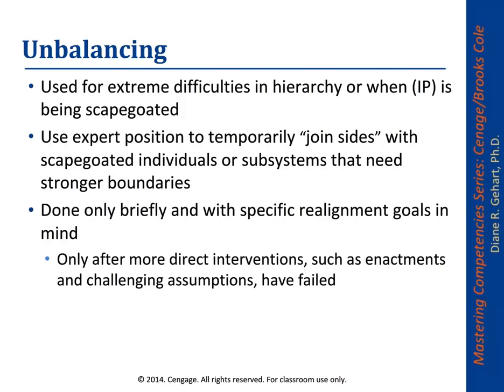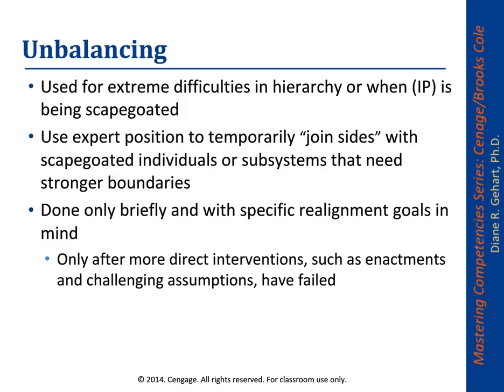Another technique that's a little more selectively used is only used in more extreme situations, when one person, the identified patient, is really being scapegoated and the family's pretty hard and fast and really continues to blame that person even after all the systemic reframing and enactments, and the family still very much blames the one member of the family.